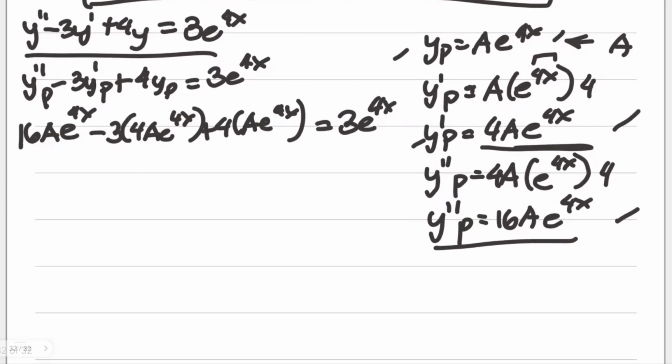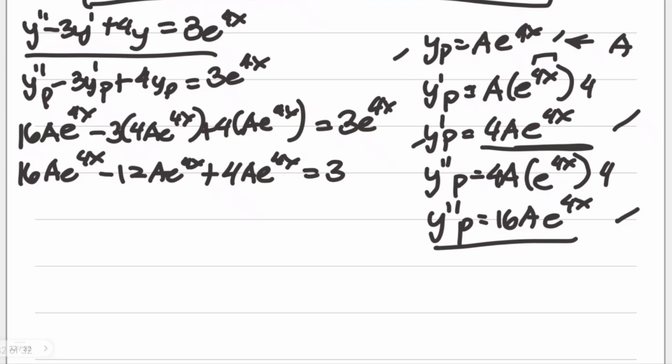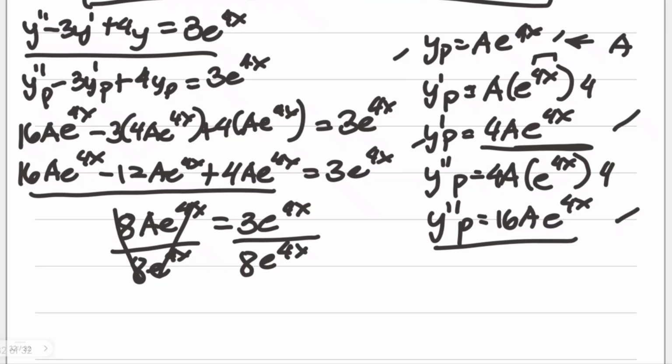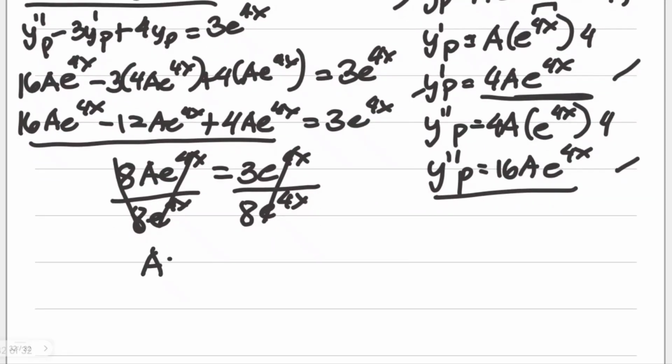So we have here 16a e to the power of 4x minus 12a e to the power of 4x plus 4a e to the power of 4x equal to 3e to the power of 4x. Combining this, 16 minus 12 is 4, plus 4, 8. 8a e to the power of 4x is equal to 3e to the power of 4x. Solving for a, divide by 8 e to the power of 4x to cancel this and that, doing the same thing on the other side. We'll remove this. So your a is the fraction 3/8. This is the value of your a.